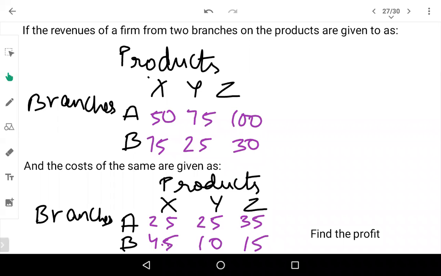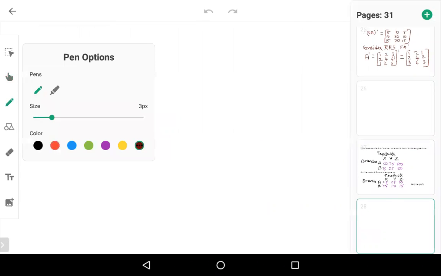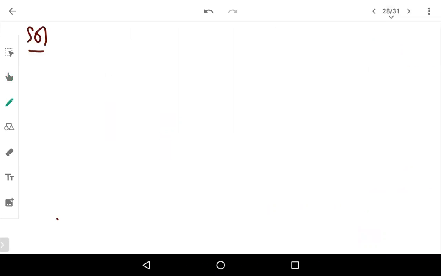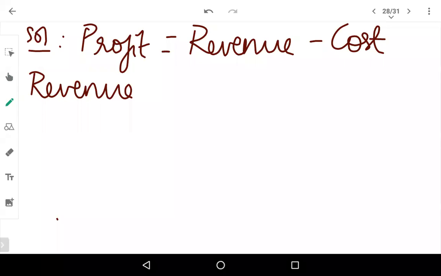Okay, so let us start the problem. Solution. Profit is equal to revenue minus cost. Revenue is the income that you get. So revenue minus cost. So revenue in matrix form.